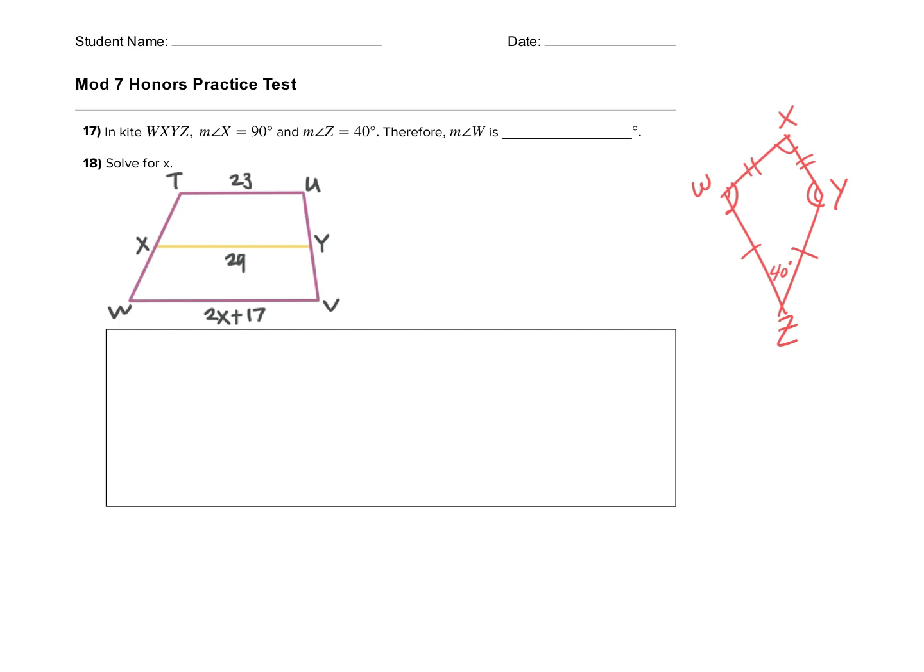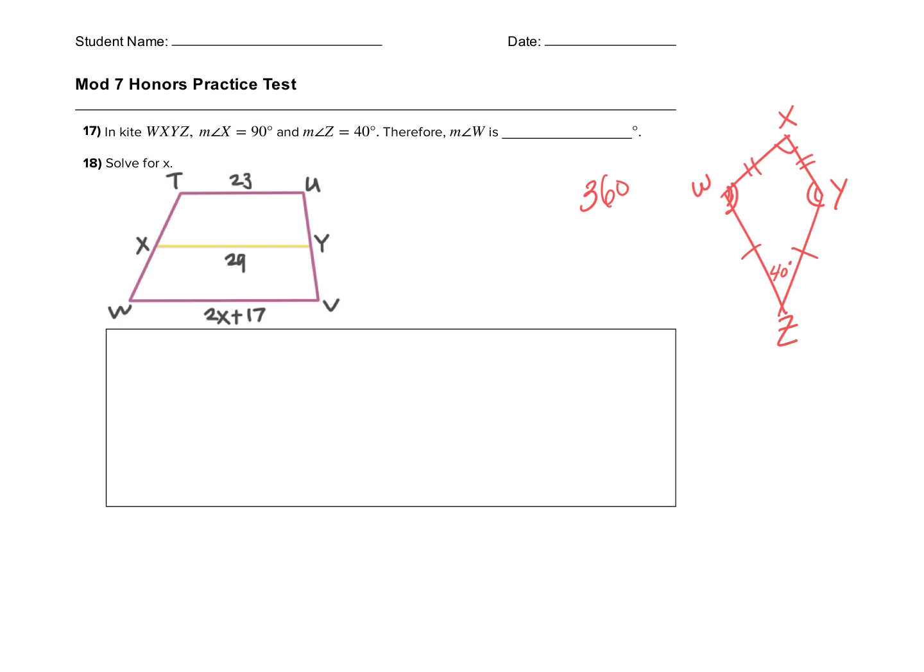Okay, so again, the angles that meet the two non-congruent sides will always be congruent. And again, I have a kite, which is a quadrilateral, so I have a total of 360 degrees to work with.